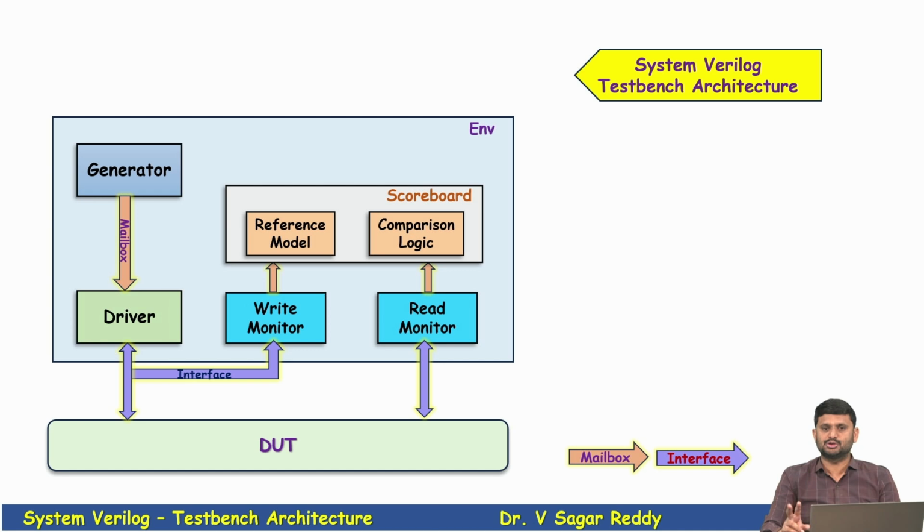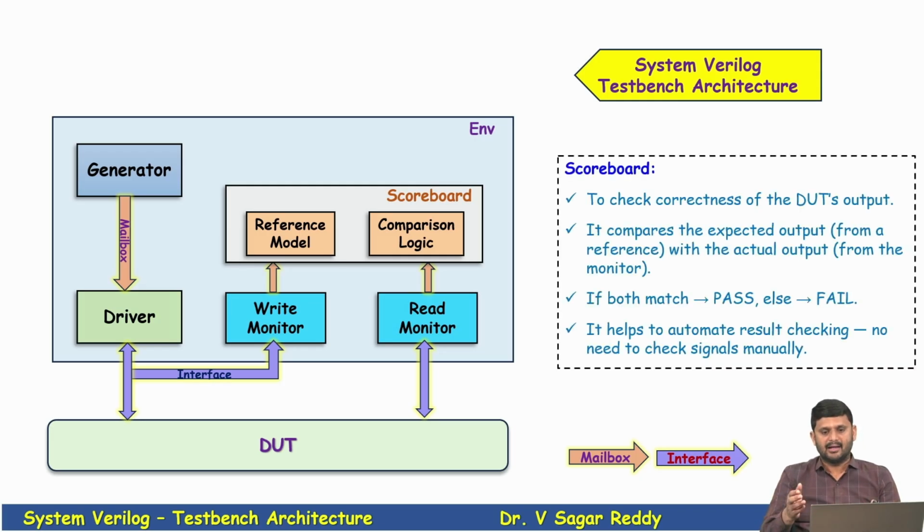The next one is the comparison logic. This block receives two inputs: the expected output from the reference model, and the actual output from the read monitor, what the DUT really produced. It compares them, and if they match, it reports pass. If they do not match, it reports fail and logs exactly what was expected versus what was received. Why is this so powerful?